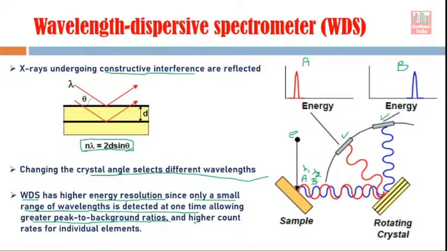Because of that we get very good resolution in case of WDS. And it is also possible to get a higher count rate for individual elements. So the peak is more distinct and sharper for different elements.